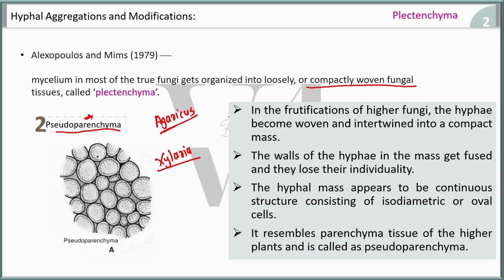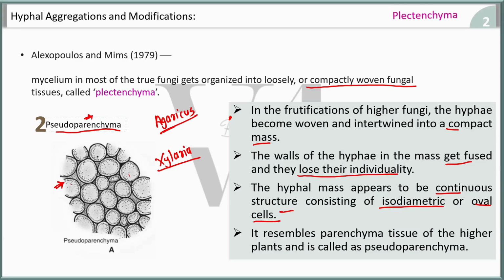Here, in the fructifications of higher fungi, the hyphae become woven and intertwined into a compact mass. The walls of the hyphae in the mass get fused, and hence they lose their individuality. You cannot find separate or individual hyphae here. The hyphal mass appears to be a continuous structure consisting of isodiametric or oval cells.